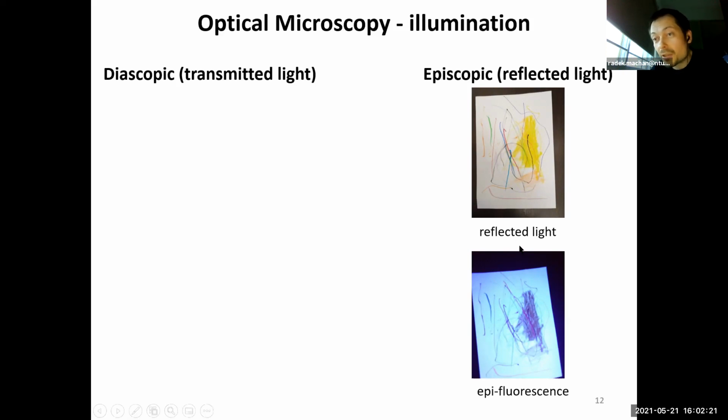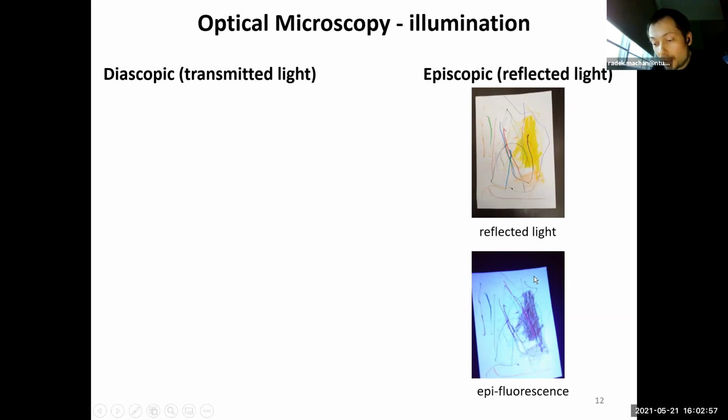So white paper is quite strongly fluorescent. It has the bluish fluorescence. You can see that the white paper glows, but the parts which are covered by crayon, you can't see their colors because there's no yellow or red in the spectrum of the light which was used for the illumination. And this is something which is very important, epifluorescence.